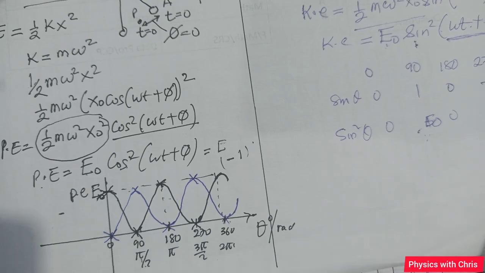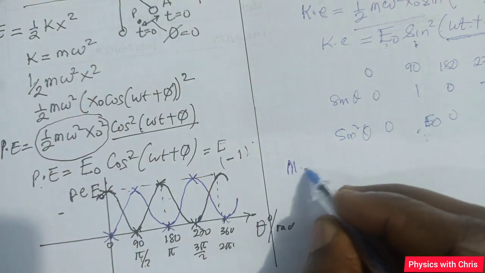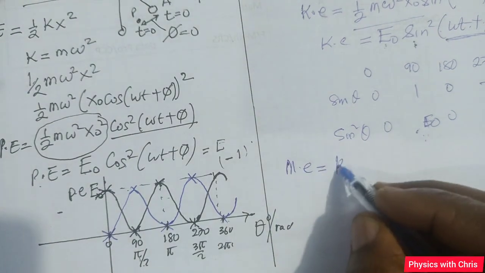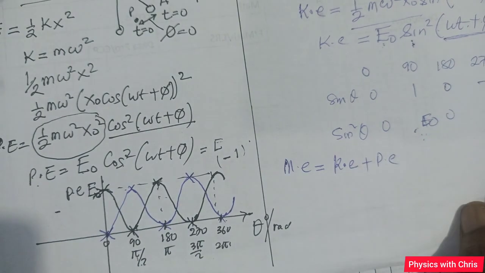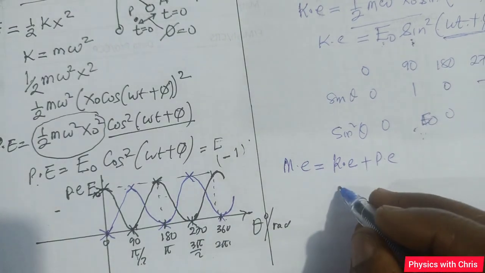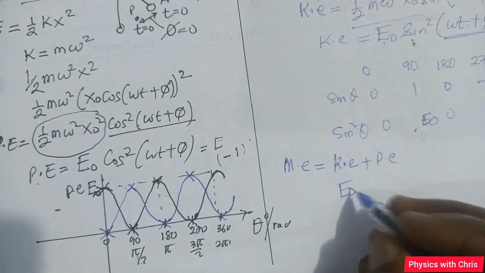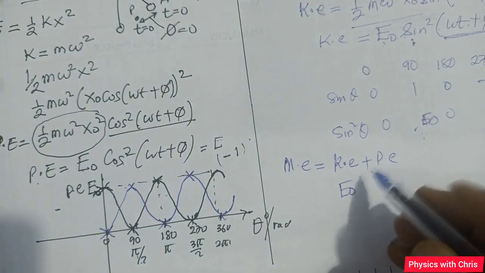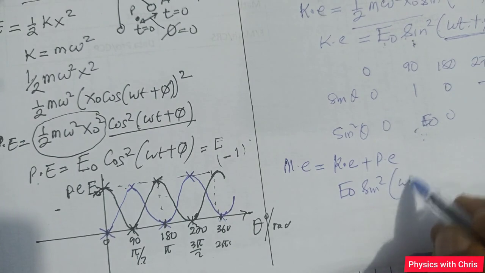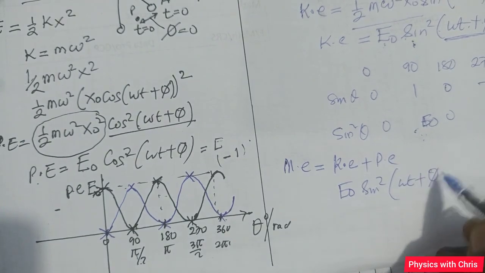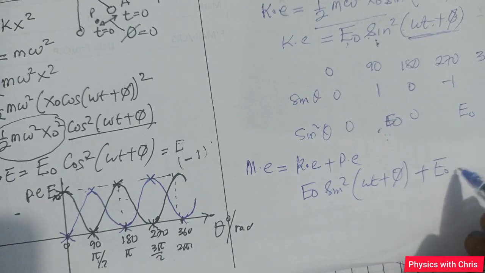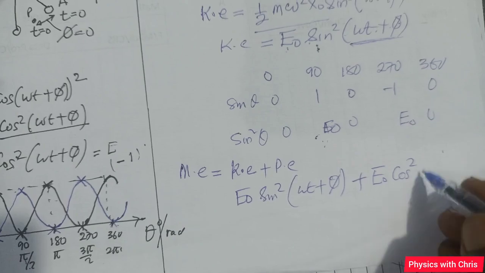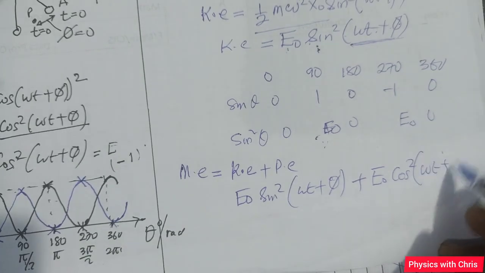Now the total energy of the system, which is my mechanical energy, is the sum of its potential energy and kinetic energy. When I do the summation, I have E naught sine squared(omega t plus my initial phase angle) plus E naught cos squared(omega t plus phi).